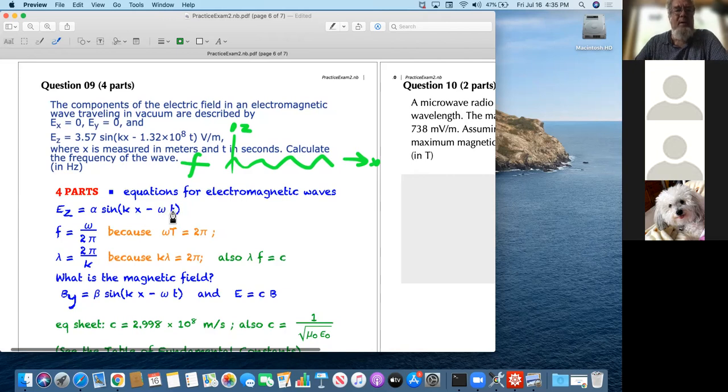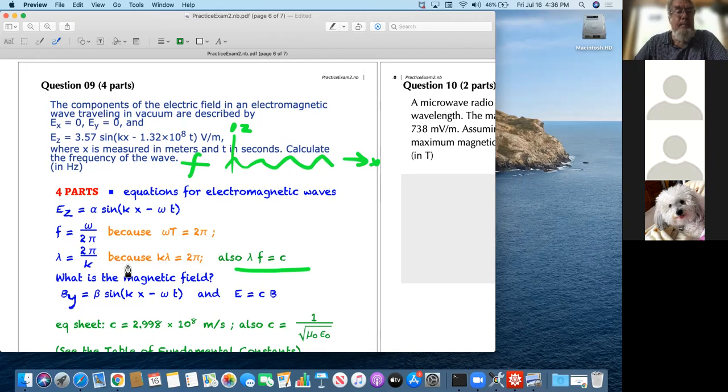So omega times 1 period would be 2 pi, and k times 1 wavelength would be 2 pi. So that tells you how to calculate period in terms of omega and wavelength in terms of k. Also, you need to know that the speed of the wave is the wavelength times the frequency.